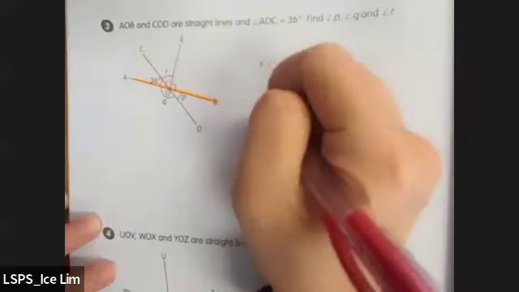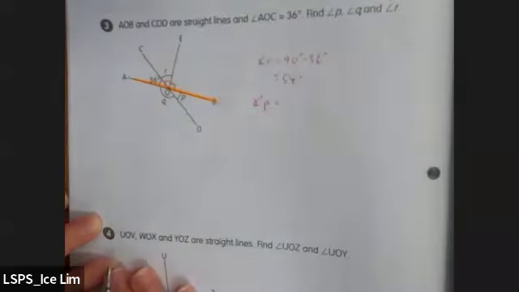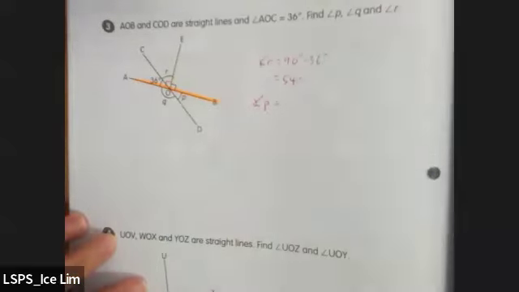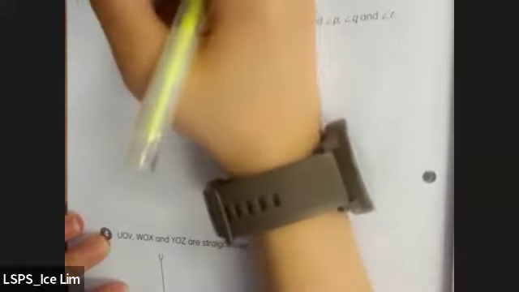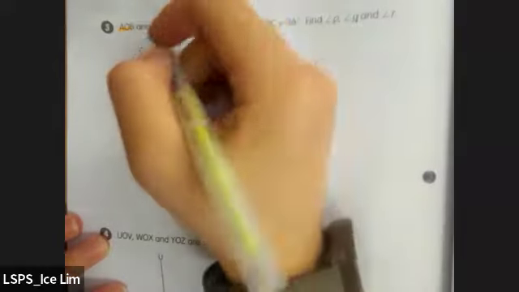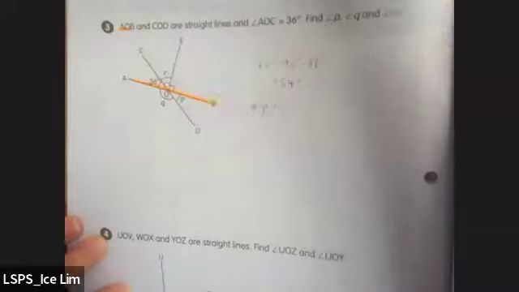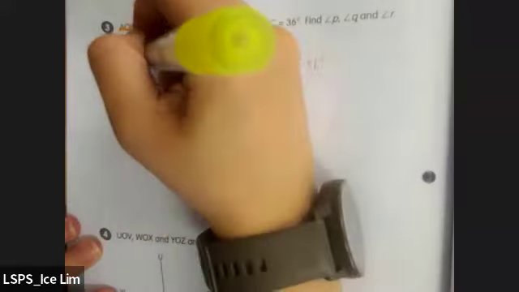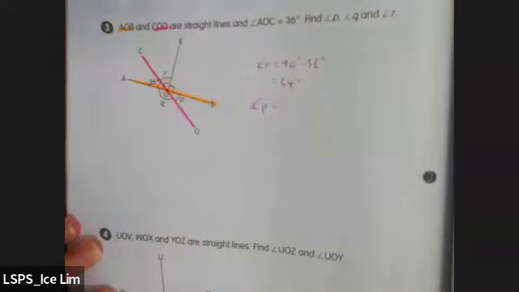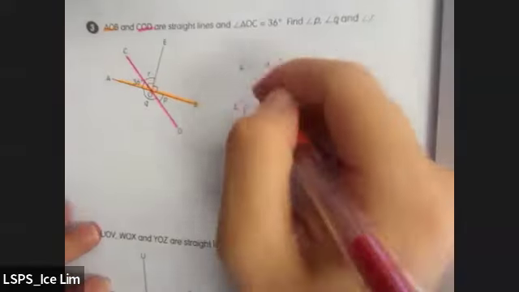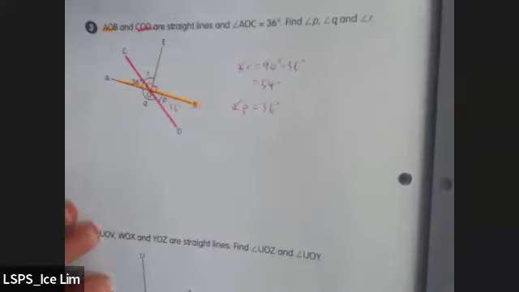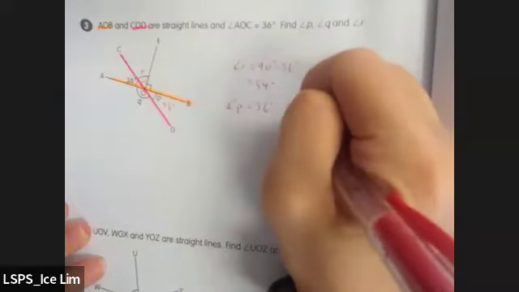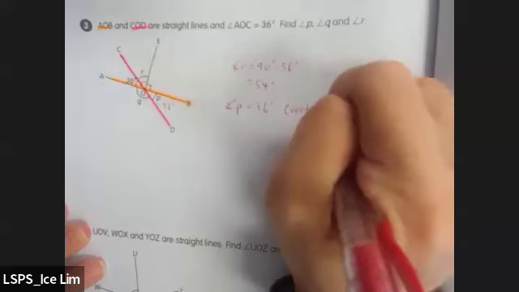Now, P is quick. What property is P using? Yes, very good. COD. So P is easy. P is 36 degrees. That's one mark for this because this is vertically opposite angles are equal.